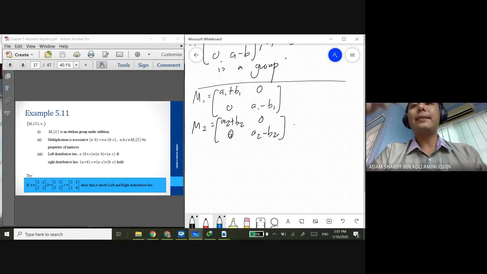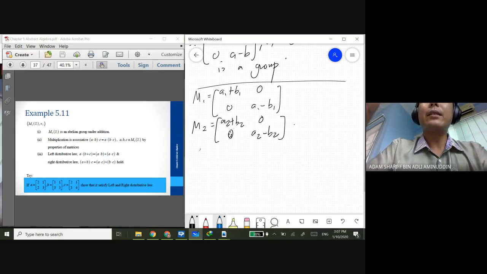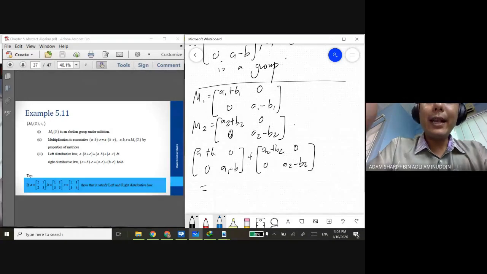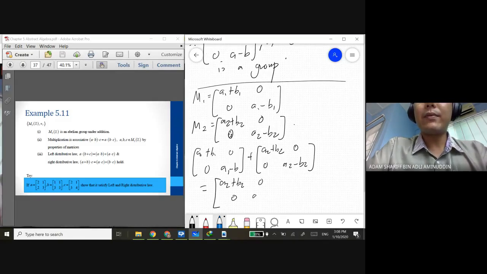I just need to show this statement: A1 plus B1, 0, 0, A1 minus B1 plus A2 plus B2, 0, 0, A2 minus B2 is equal when I interchange the position from left to right.